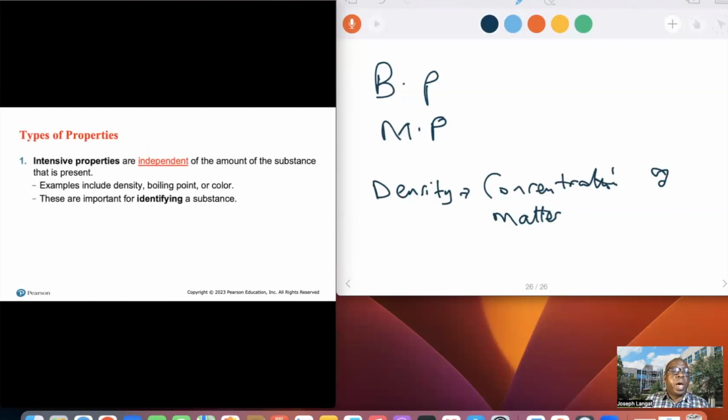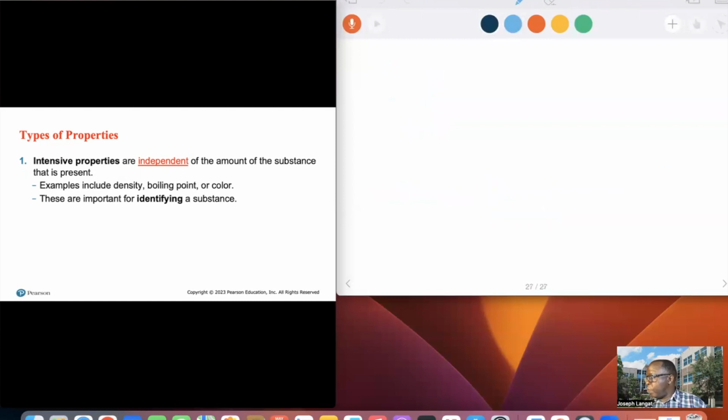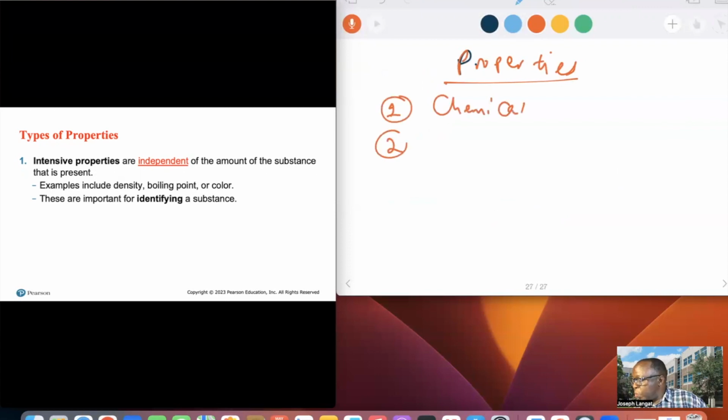Now, there are two types of properties apart from chemical. You need to know this. Properties could be, one, chemical, two, physical.